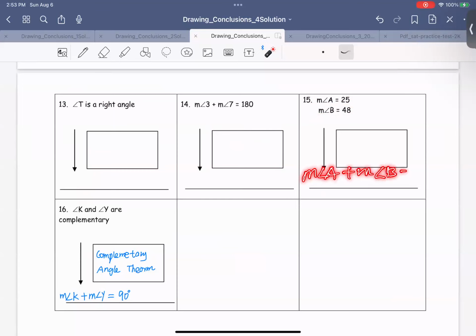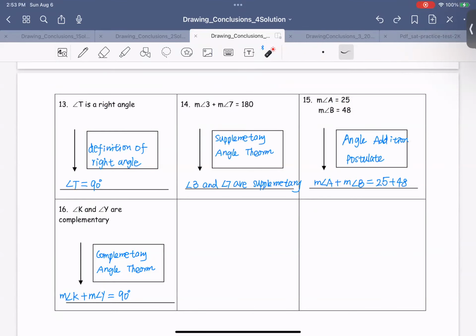You just add and make it equal to how much? 25 plus 48, which is 73 degrees. Yeah, so it's just the angle addition postulate. And the last one here, if you say two angles are complementary, you will see their measurements added together is 90 degrees. Okay? That makes sense.